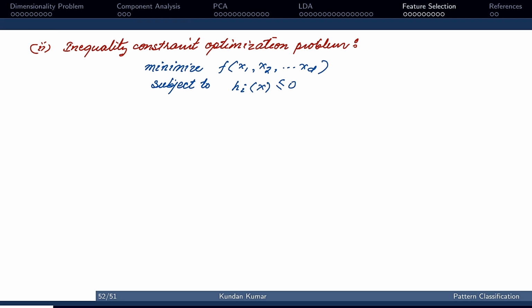Here we have p number of functions, that means we have p number of inequality constraints. This is the second type of problem which can be solved using Lagrangian multipliers. One by one we will see these two constraint optimization problems. First we will see the theory, then we will solve one problem on each using the Lagrangian method.